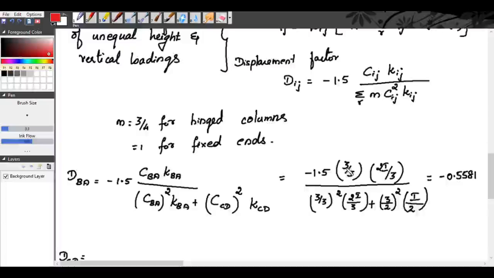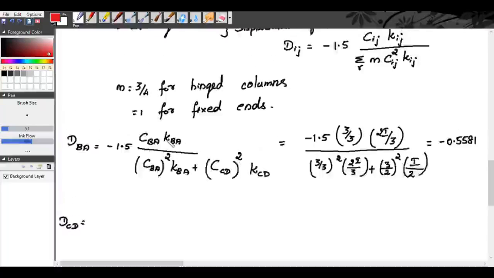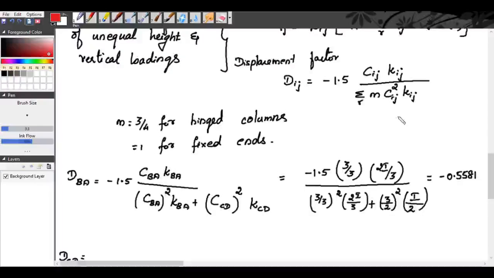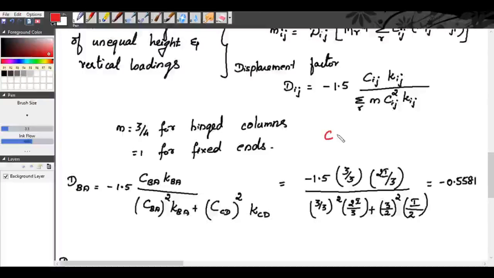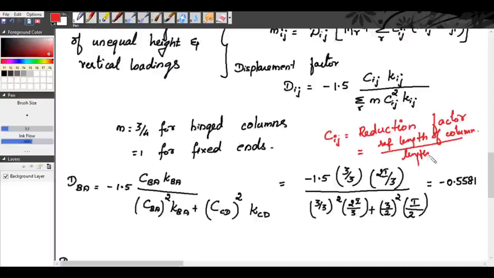CBA is equal to 3 by 3. Why CBA is equal to 3 by 3? Cij is called reduction factor. We saw this in the previous classes. That is equal to the reference length of column by length of column considered.